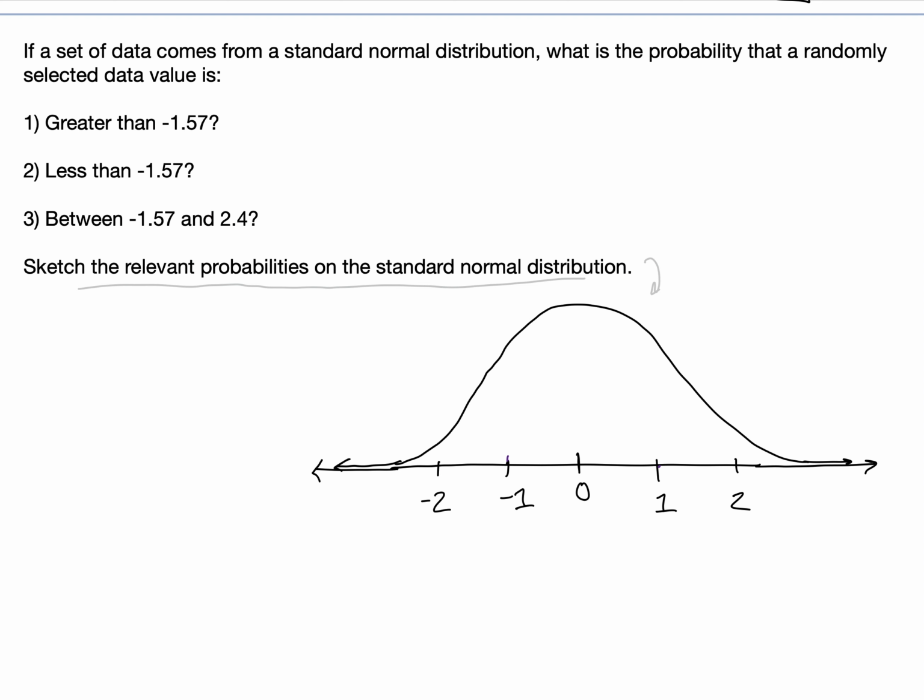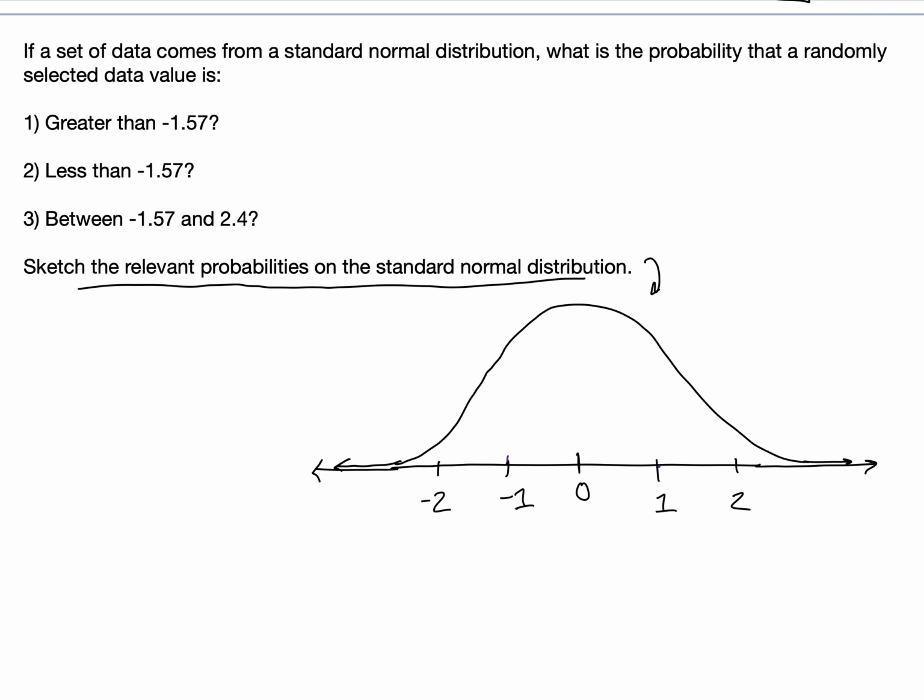Again, you can use a computational device or a website like the one listed above to find these probabilities. But I'd also like you to sketch the relevant probabilities on a standard normal distribution. So as we were sketching the areas that corresponded to these probabilities above, try that on your own drawings of standard normal distributions as well.